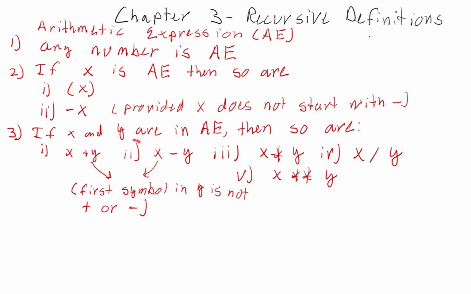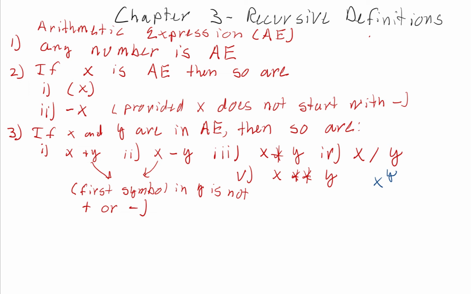And then if x and y are arithmetic expressions, then so are x plus y, x minus y, x multiplied by y, and x divided by y. And we have this one here, x star star y. In most programming languages, that means x to the power of y, or an exponent.